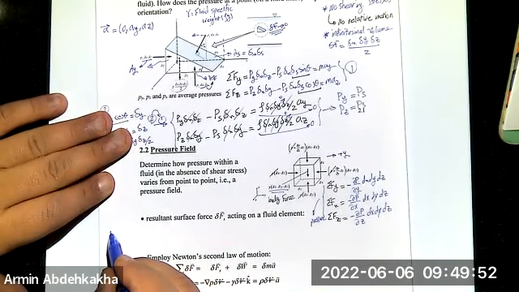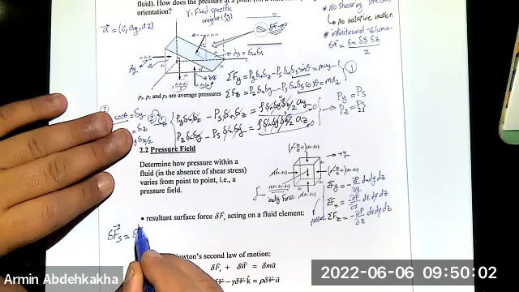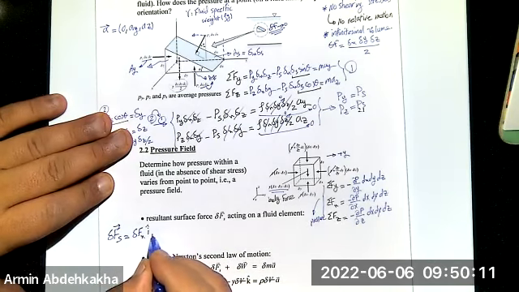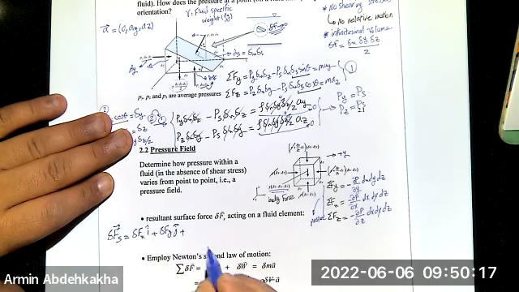So delta F, but in surface forces, you have delta of F in x, I, that's a scalar, plus delta of y, J, plus delta of z, K. Okay?